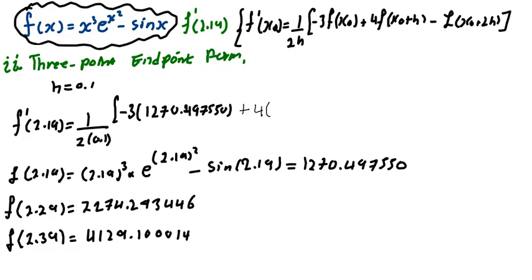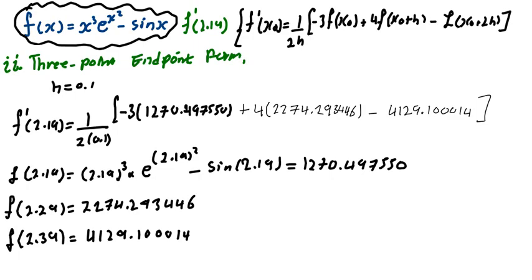For that one, it is 2274.293446, like that. Then minus, the last part is simply 4129.1000014, and we close it like that.